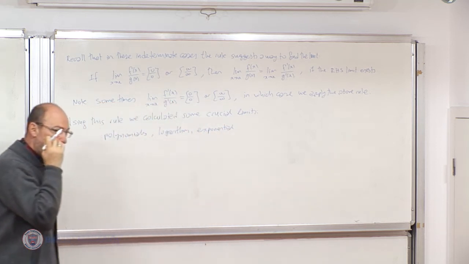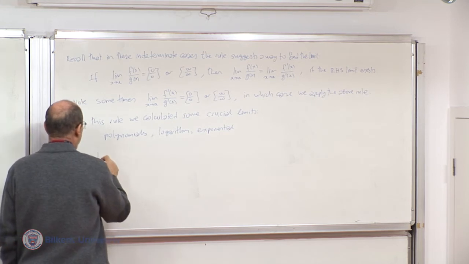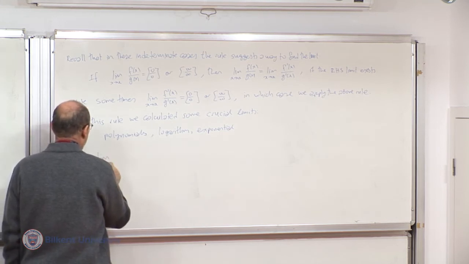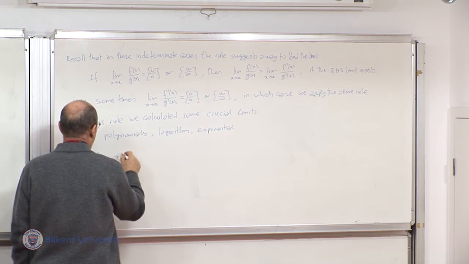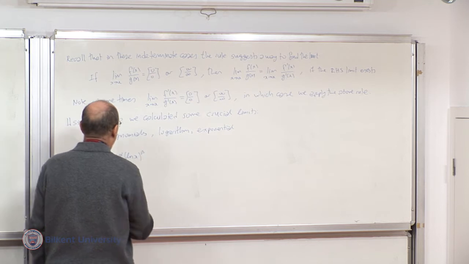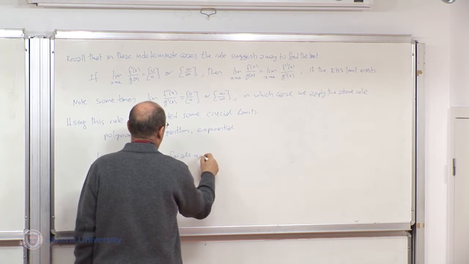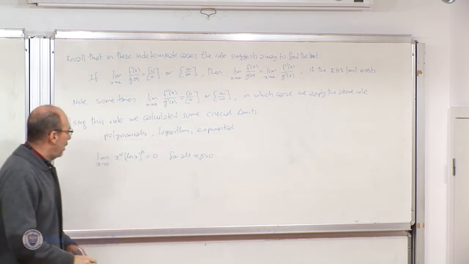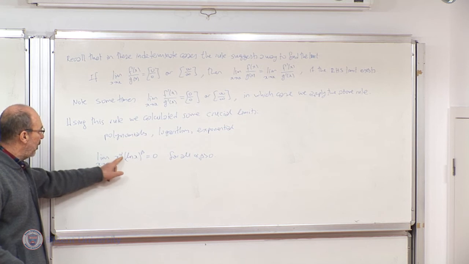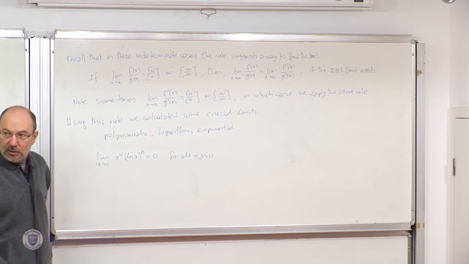Okay, so these are the things that generally show up very often. How do they fight with each other? Okay, so we had limit x goes to 0 of x to the alpha times ln x to the beta is equal to 0 for all alpha, beta positive. Here, of course, the interesting case will be when alpha is very, very small and beta is very, very large. So they fight against each other.